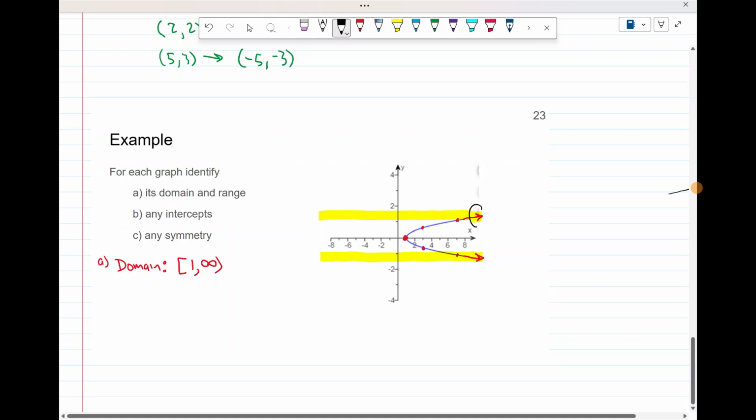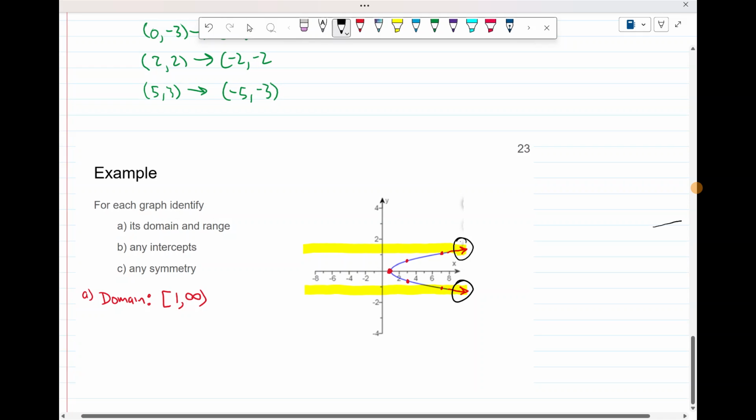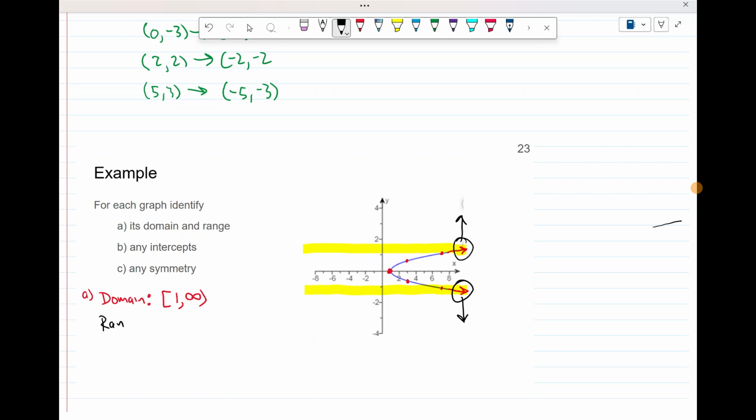So when we have an arrow like this, and the graph is not asymptotic, we can assume that even though it goes fairly slowly, the y values continue to increase as the x values get larger and larger, and the y values on the bottom part continue to decrease. And so we're going to say that our range here is really all the way from negative infinity to positive infinity.